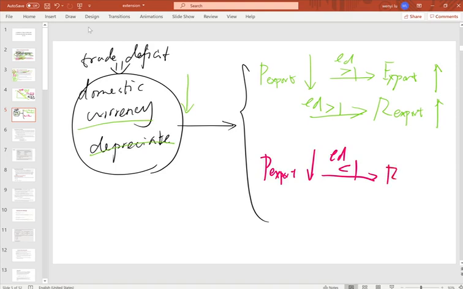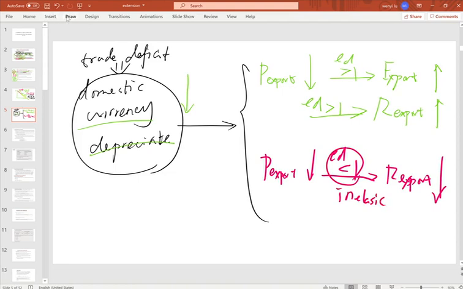Your revenue from exports can even go down. So this is the case for elasticity of demand less than one, or you can say inelastic.